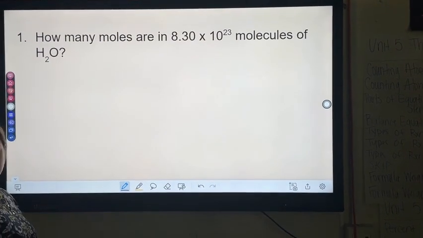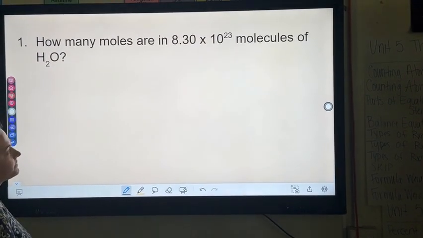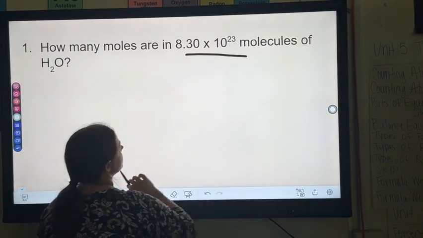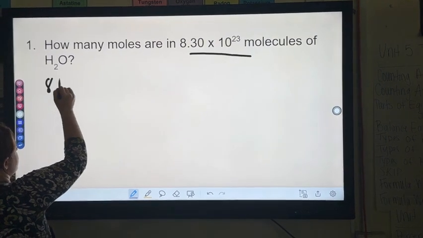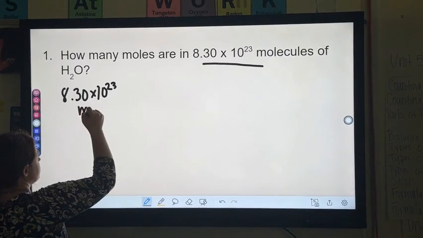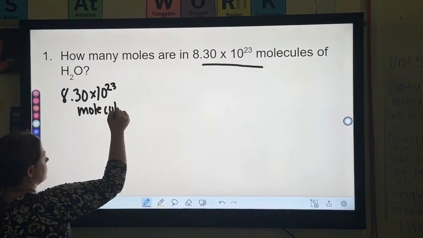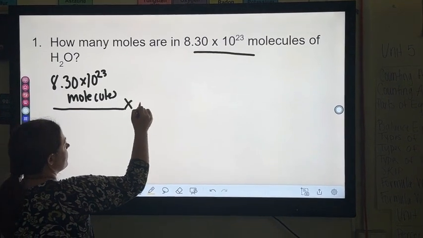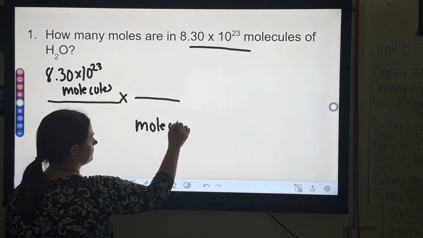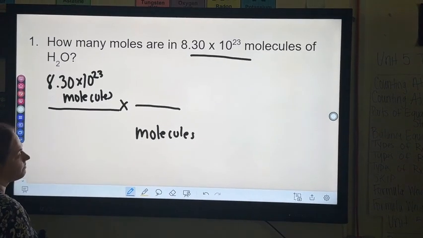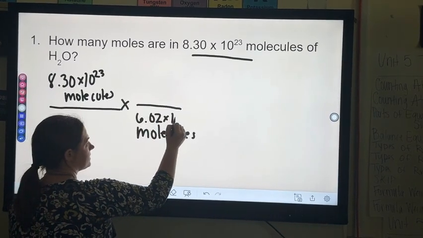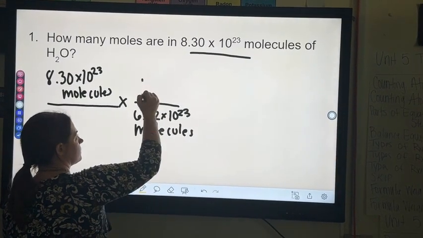The first one says, how many moles are in 8.3 times 10 to the 23rd molecules of water? So our given is 8.3 times 10 to the 23rd molecules. If you have molecules at the top, you need molecules at the bottom. The number that always goes with molecules is Avogadro's number, so 6.02 times 10 to the 23rd, and that's equal to 1 mole.